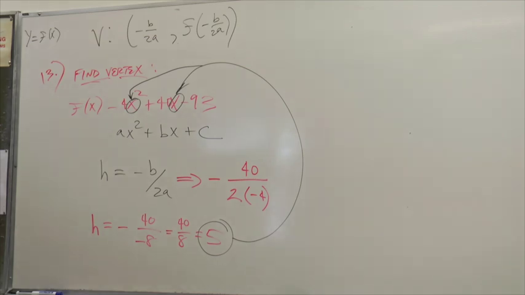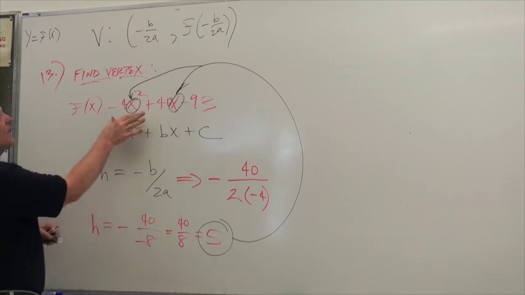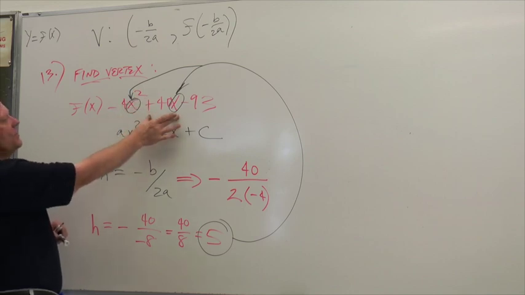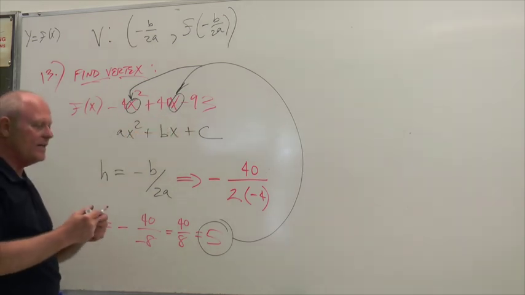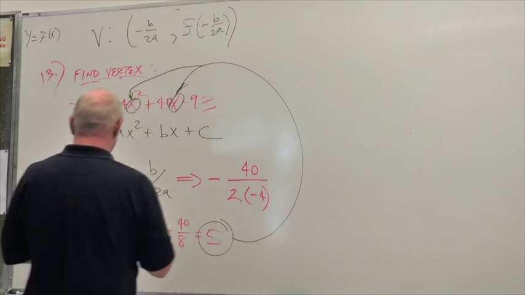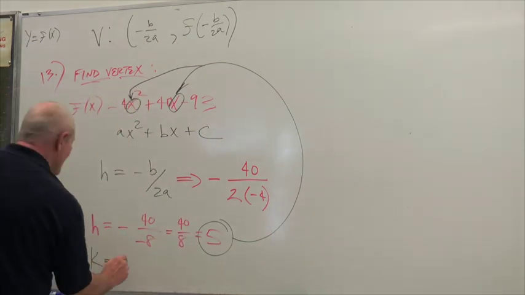Now if you plug a 5 back in here and do your work, you're going to get negative 100, right? Because 5 squared is 25. Negative 100 plus 200 minus 93 is what? What's k? Actually, let me write this out.